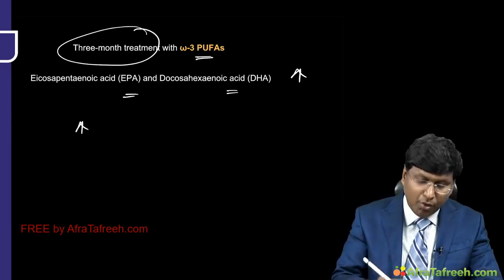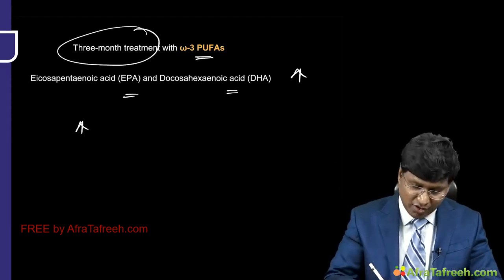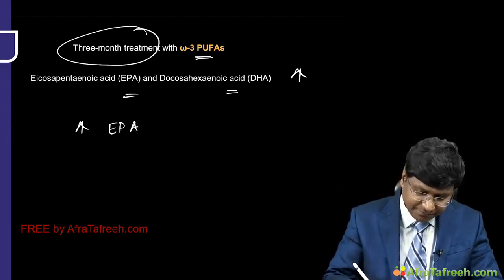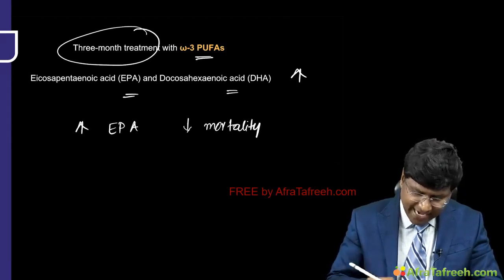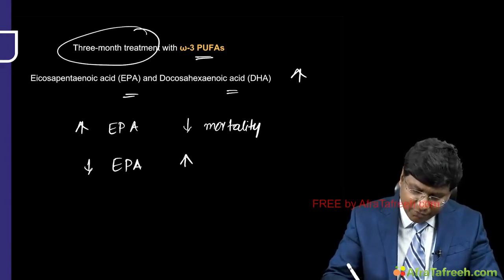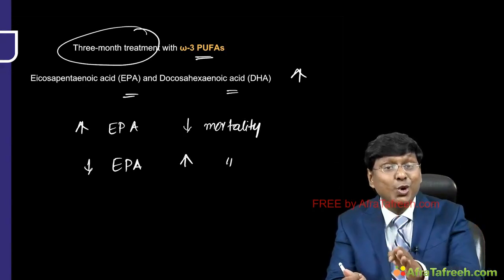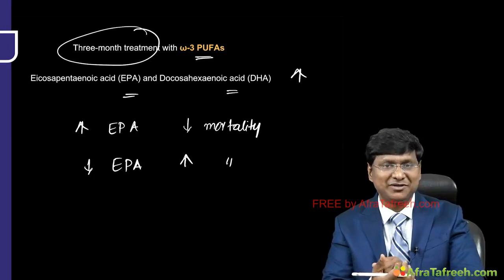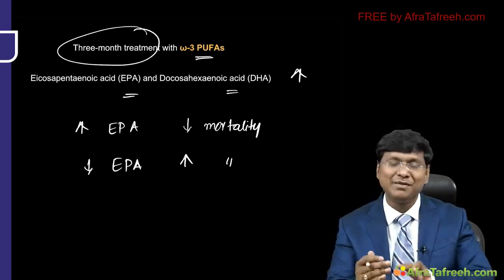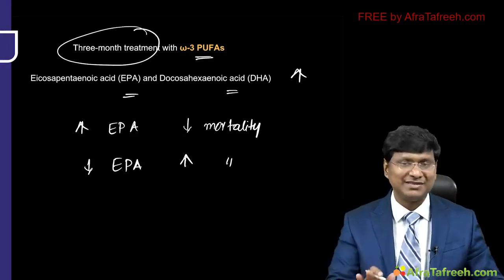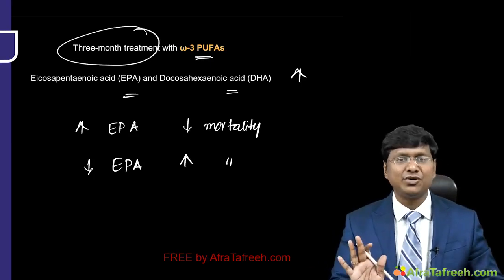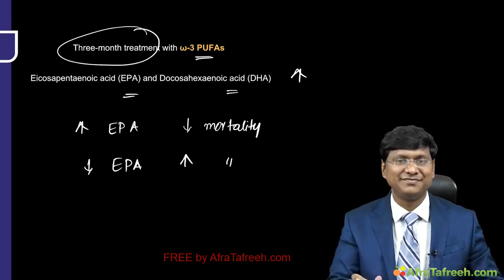Remember, the more the levels of your EPA, the less the mortality, and inversely, the less the levels of your EPA, the more the mortality. So low EPA levels are inversely related to total mortality in patients with heart failure with reduced ejection fraction. So the study has shown that fish oil is very much effective.